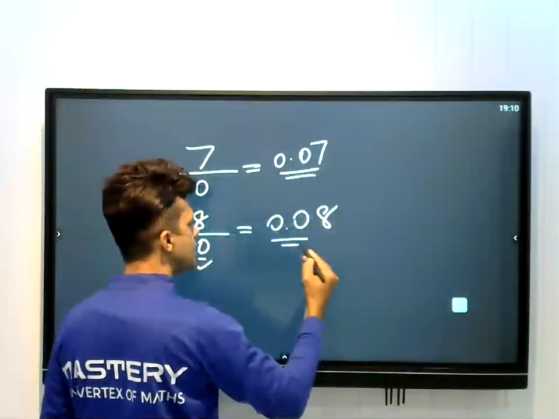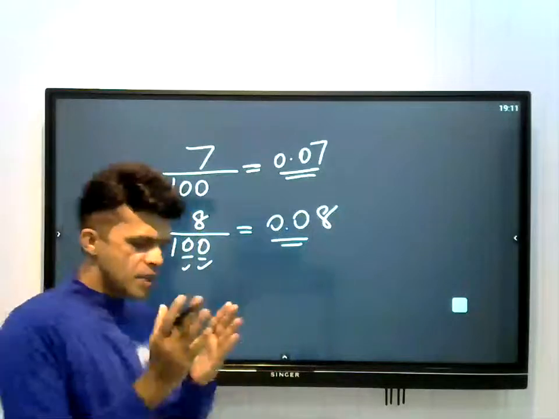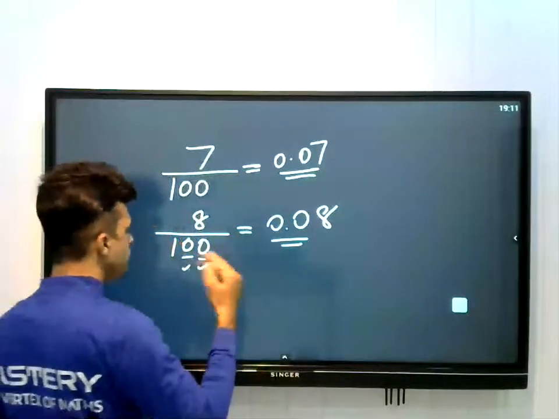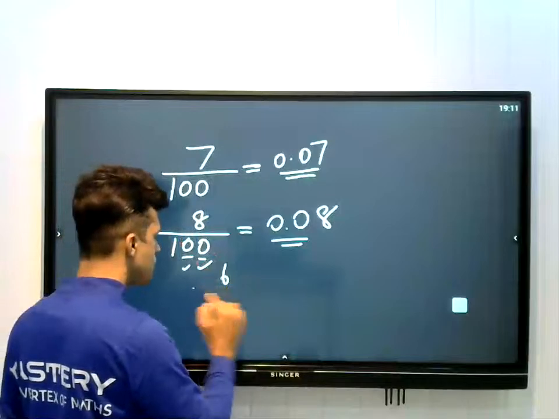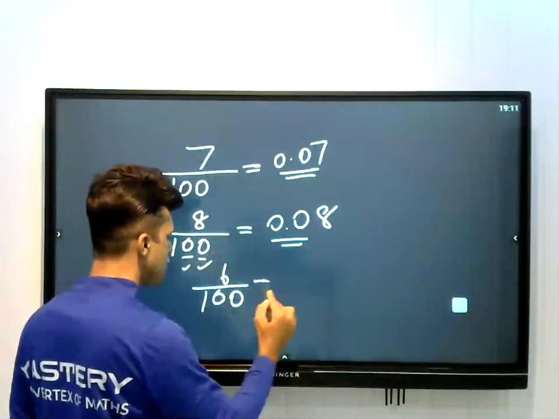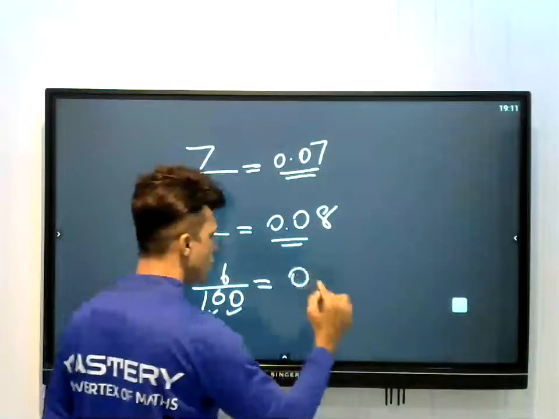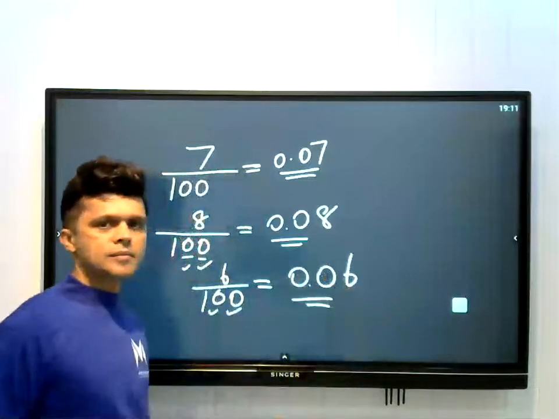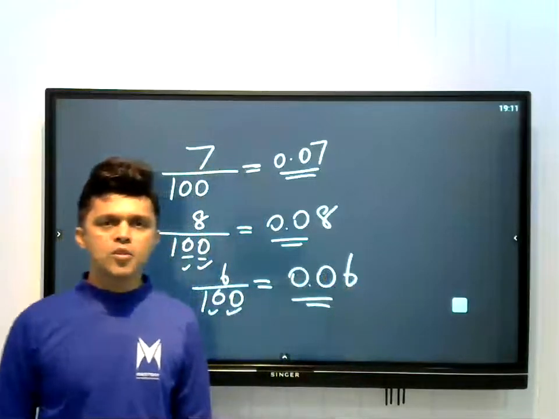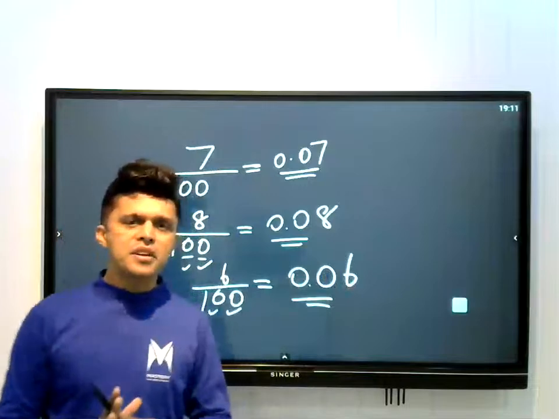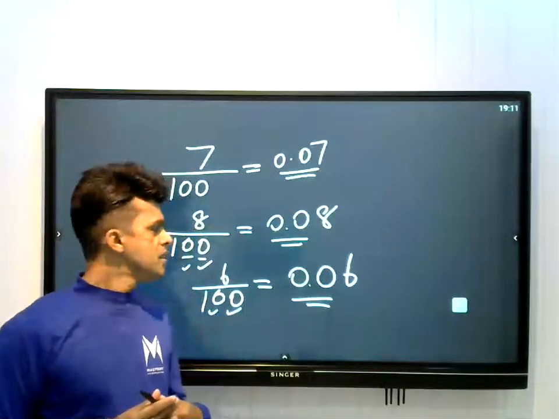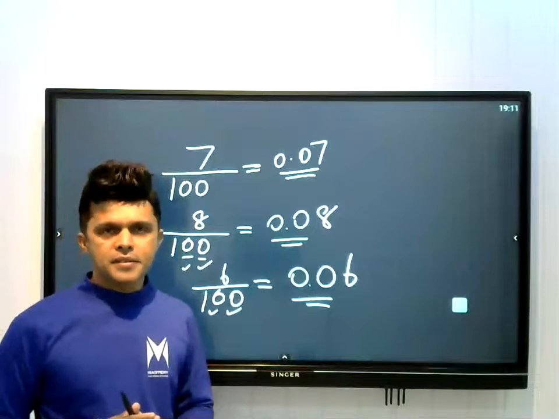The decimal point is written between the first 2 zeros. How can I write this one? 6 over 100. You need to write these 2 zeros here, 1, 2, and this 6 as well, then 0.06. Which means a given fraction can be written as a decimal number.